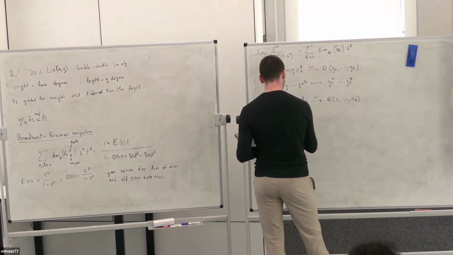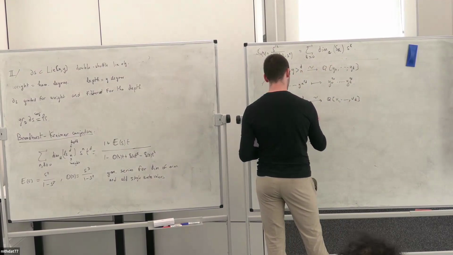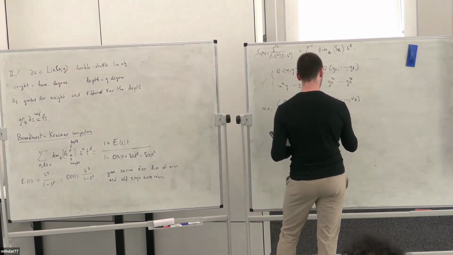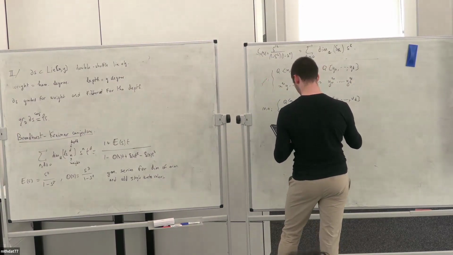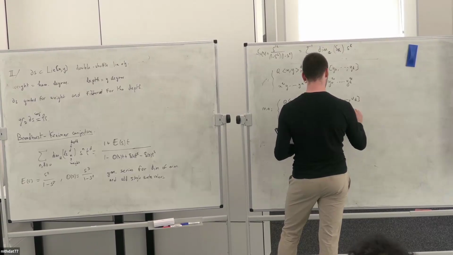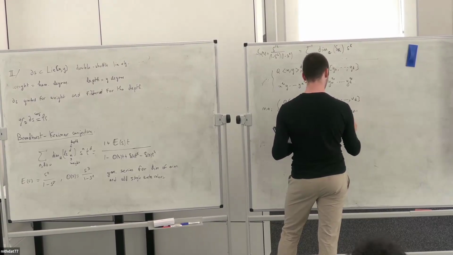So which is just the following: the same monomial is sent to u1 to the e0 minus 1, and so on.